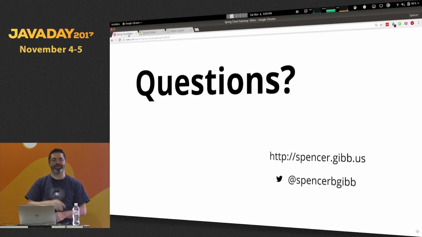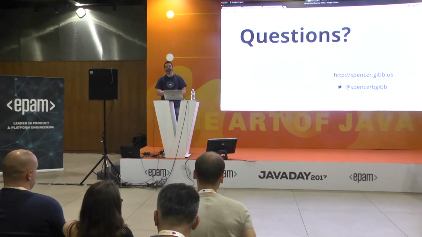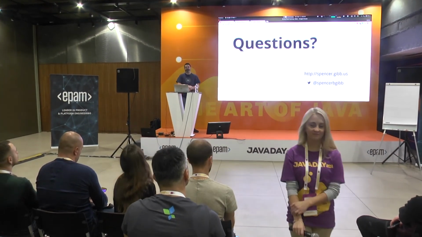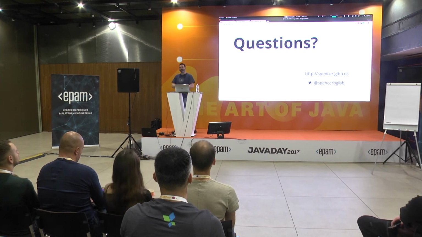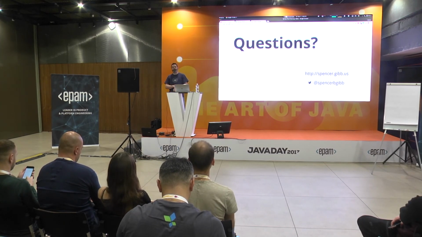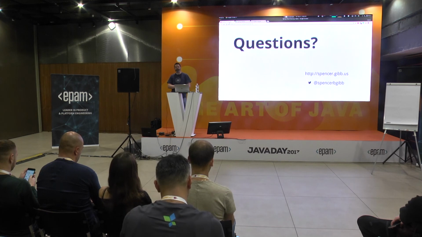It's got a mic coming to you. Do you plan to provide any support for HTTP 2 and gRPC? Plans to support HTTP 2 and gRPC. So HTTP 2 support will come from Spring Framework. So yes, we do have plans to support HTTP 2.